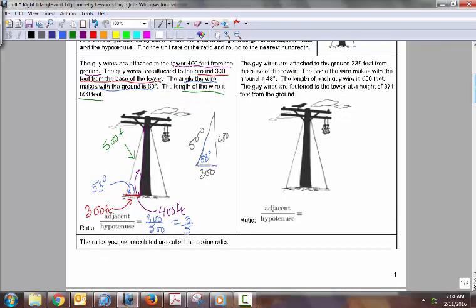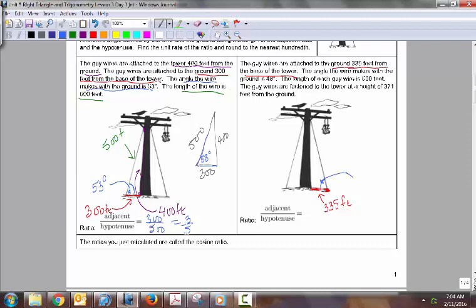Going on to the second scenario. It says guy wires are attached to the ground 335 feet from the base of the tower. So I've got ground, I'm talking about this segment here, 335 feet from the base of the tower attached to the ground. The angle the wire makes with the ground is 48 degrees.